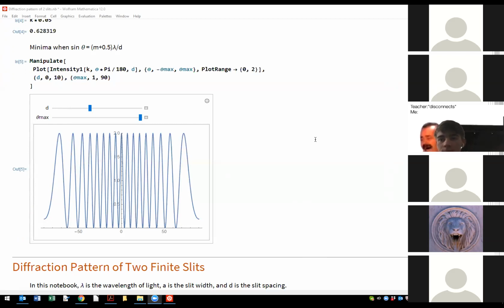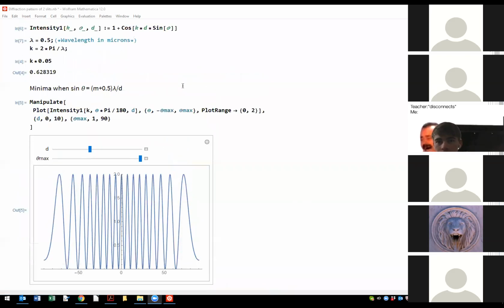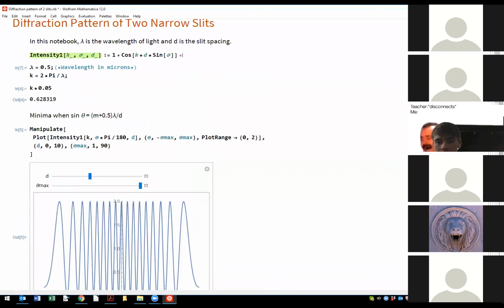All right, so then let's go into Mathematica again. Let me make sure I'm still sharing Mathematica. So now, switch to my other thing. And I'm going to put a parentheses.